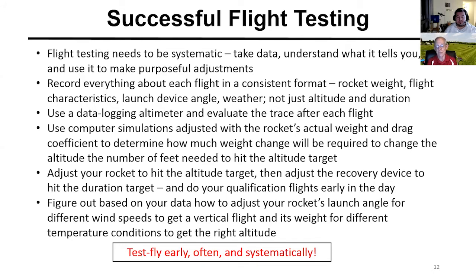You can also do the computer runs in advance of being out on the field and build yourself a little lookup table or graph to do that. Either way, it involves systematic use of computer simulations using the actual weight and actual drag coefficient of the rocket. And then you can very quickly decide how much weight you need to add or reduce in order to change the altitude by some specific number of feet.